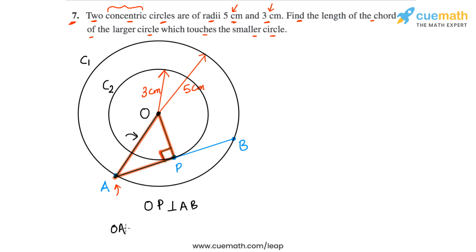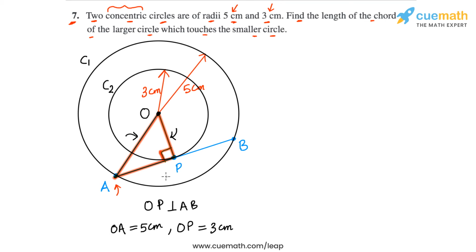So OA is equal to 5 centimeters. We also have OP, which is a radius of the inner circle, so OP is 3 centimeters. So it's easy to find AP.